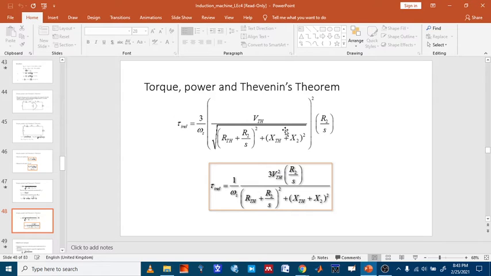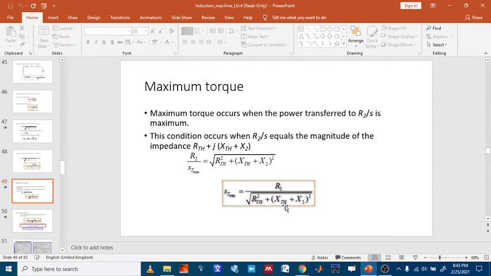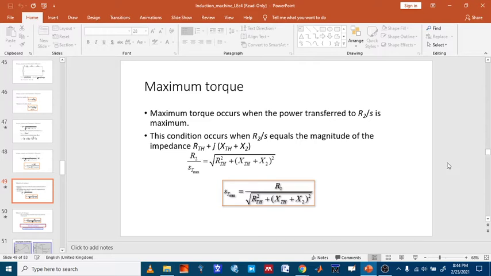So the whole of this is I2. 3 I2 square over omega s, and you multiply by R2 over S. So this is the torque induced formula, and this is the reduced form. Maximum torque occurs when R2 over S max is equal to this relation.